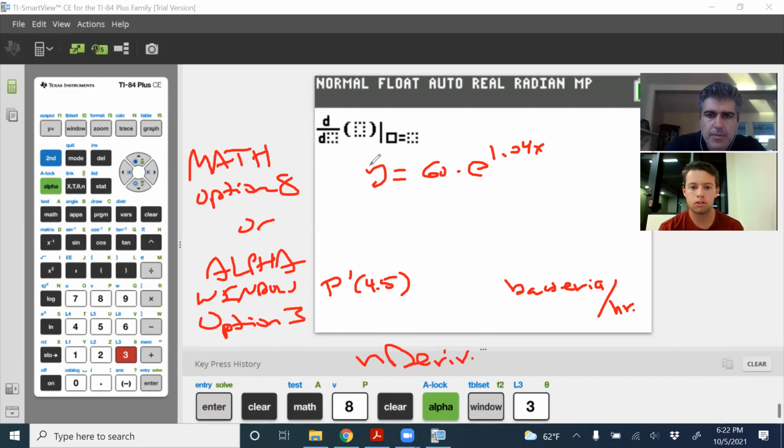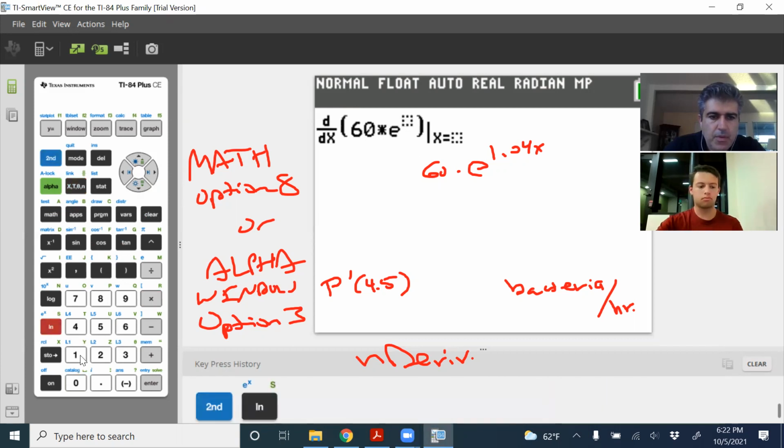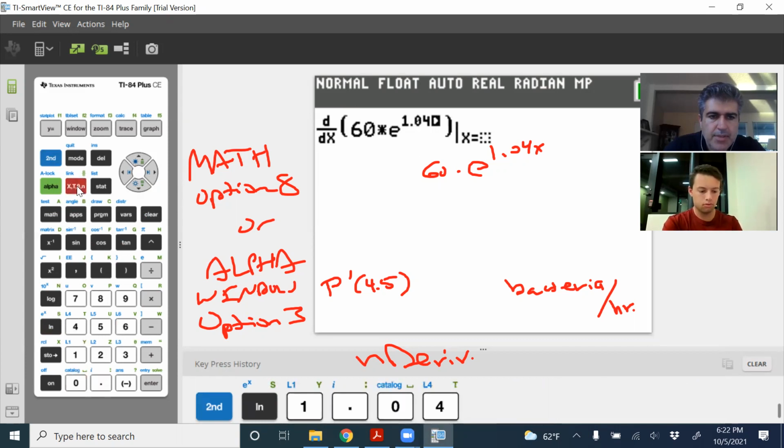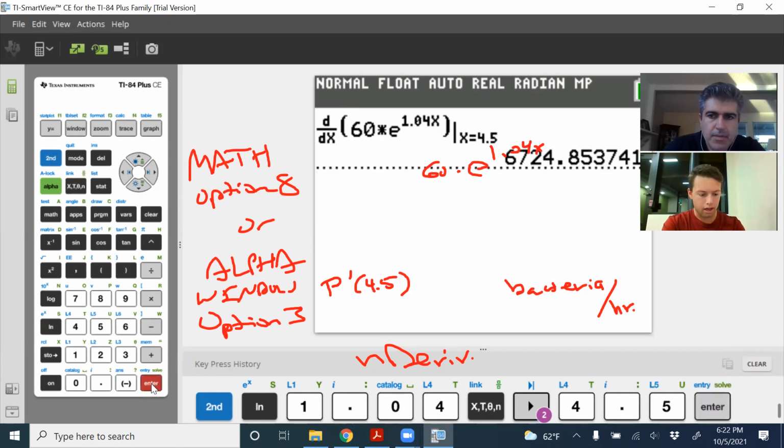So here's what you do. You put in x right here. You put in the function 60 times second ln 1.04 x. X is right below mode. And x equals, you want to evaluate it at 4.5, so put 4.5. Wait, how'd you do that? Oh, you did second. It's right below mode.